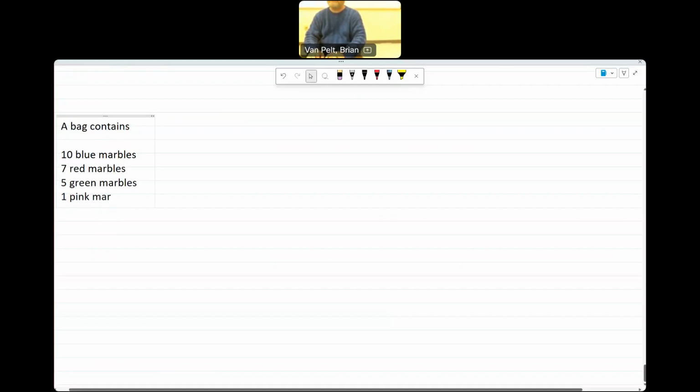Pink marble. Do they even make pink marbles? They do in my game. All right, so.